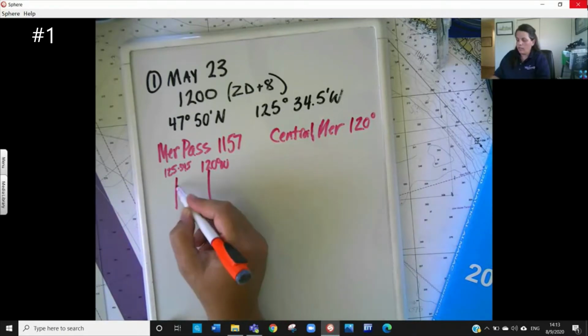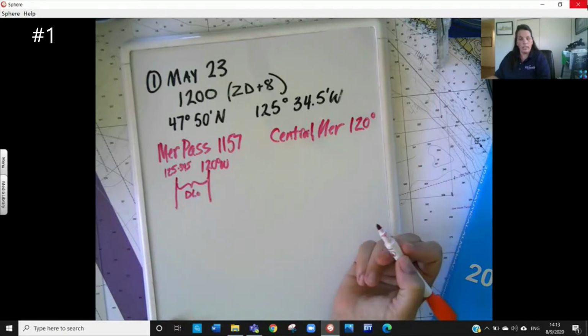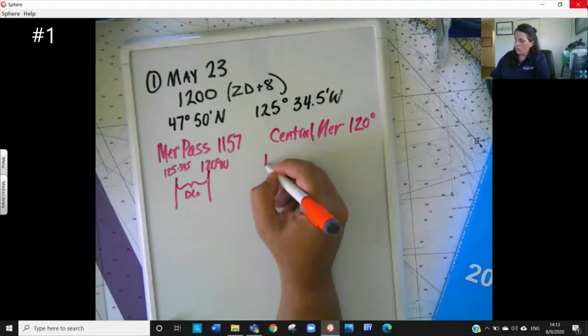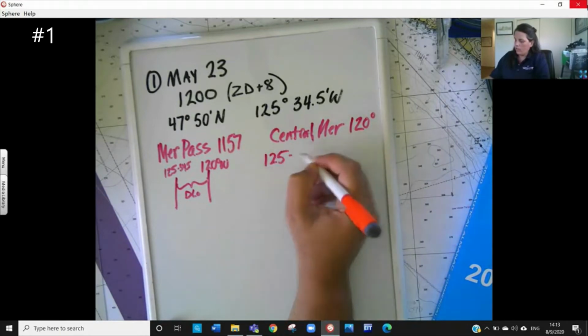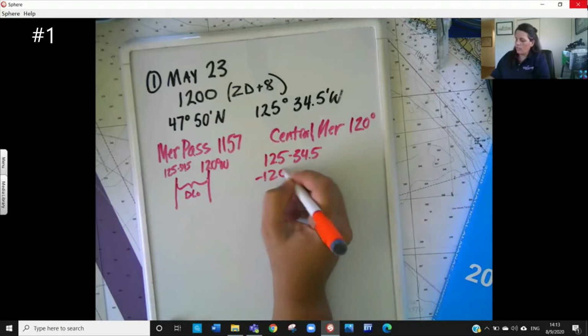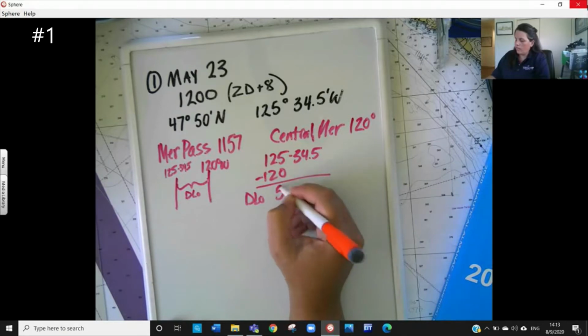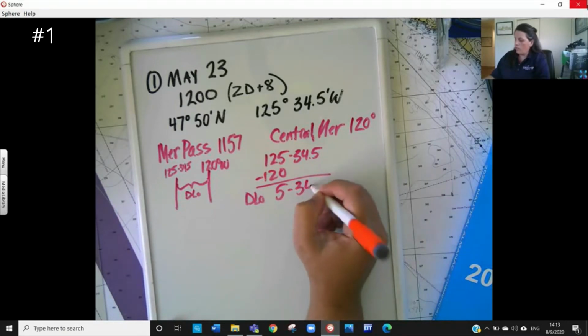So we need to figure out what the DLO is and then convert that to time. So 125°34.5' minus 120 gives us a DLO of 5°34.5'.